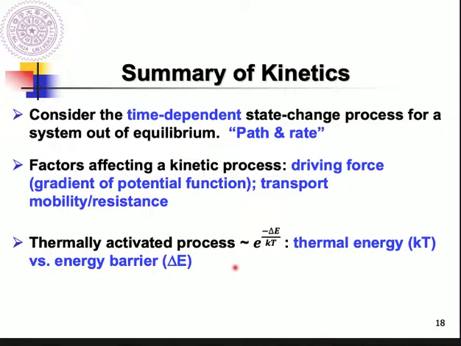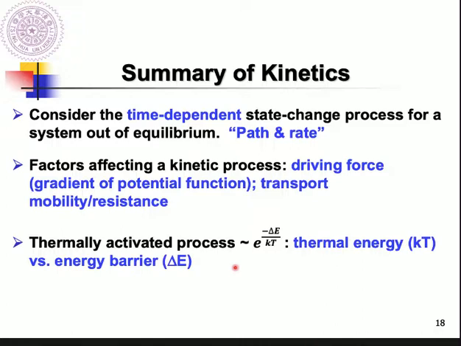Next we talk about the thermally activated process. That means you don't apply an external driving force on the system, just put your system in the surroundings, and these atoms only have a thermally activated process depending on the surrounding temperature.